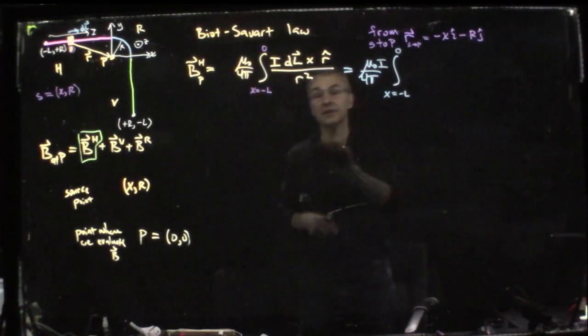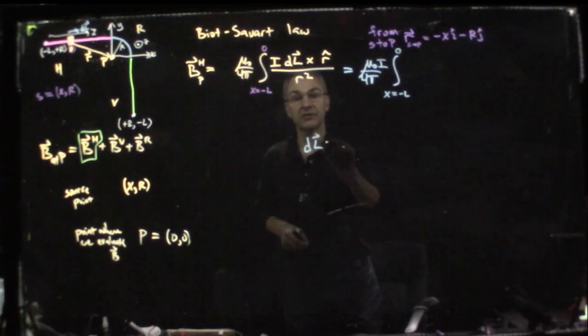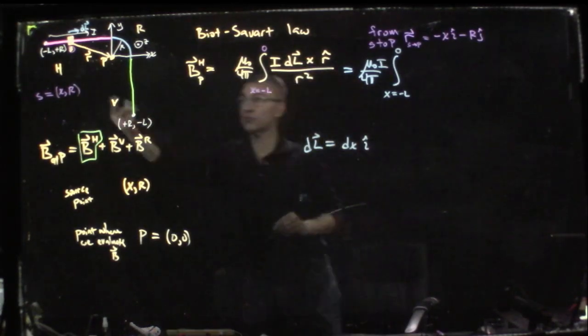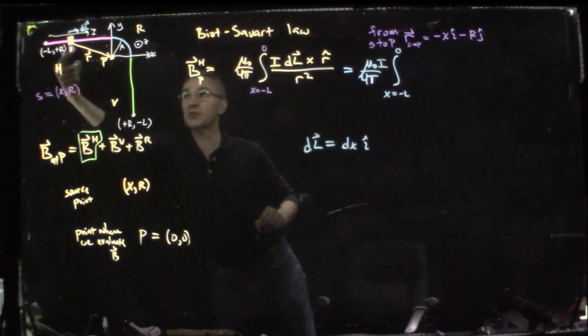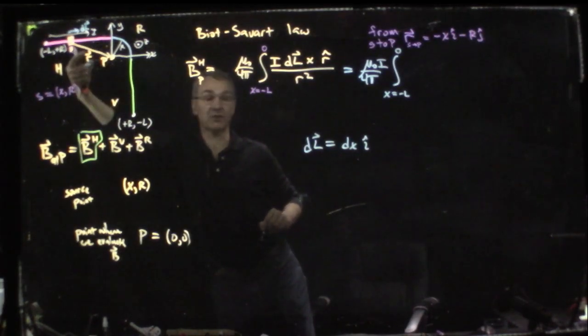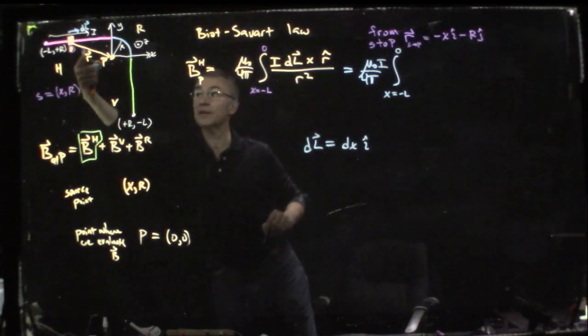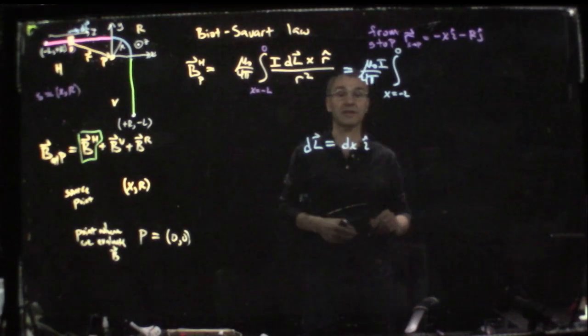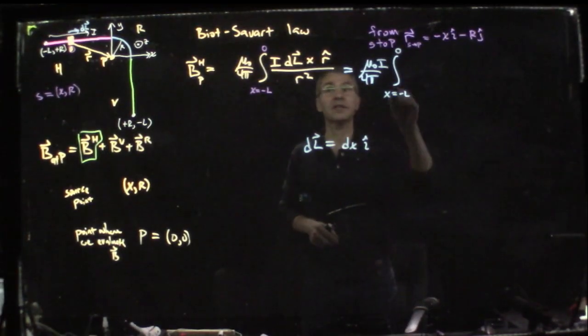So dl is just going to be dx times i hat. So dx is positive. So this is like the unit of length along the line segment. So dx is a unit of length, and then we're going in the i hat direction to the right, and dx is positive.